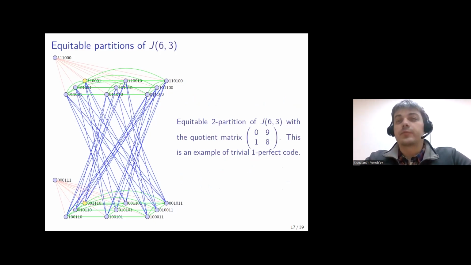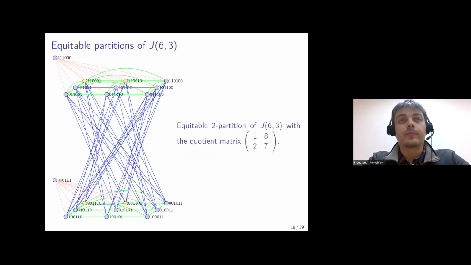You see that this quotient matrix 0, 9, 1, 8 is actually the quotient matrix of a perfect code. So this is exactly an example of a trivial one-perfect code. If we take balls of radius 1 with centers in these vertices, then we will cover all the graph. Okay, that was an example. And if we take, for example, two pairs of antipodal vertices, then we have the quotient matrix 1, 8, 2, 7, and so on.